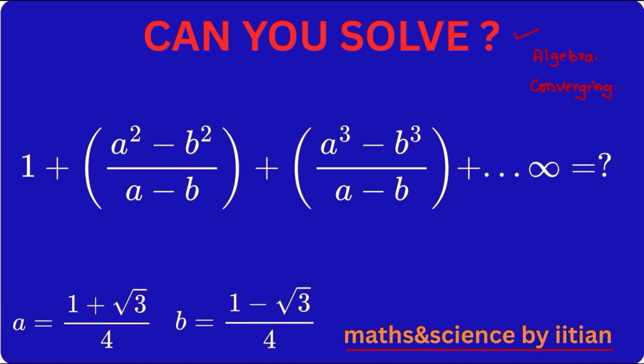Here 1 can be written as (a minus b) by (a minus b). We have to use certain logic and solve this problem, and how to solve it and how to get the answer, we will be going into the details now. What is the question given?